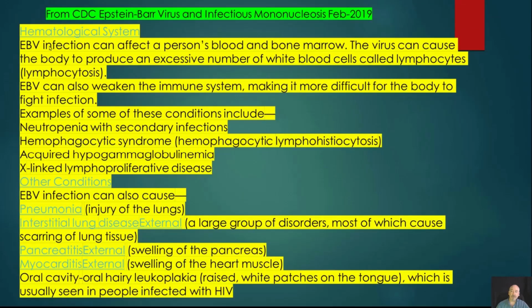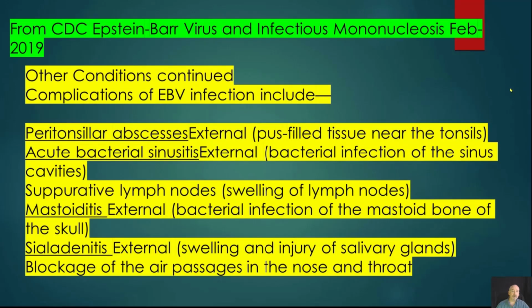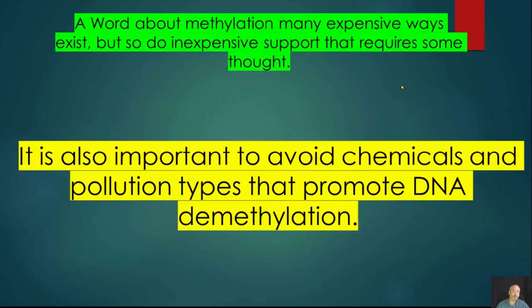So it's important to realize that all of these different types of processes we now know can be at the beck and call and behest of a low-level Epstein-Barr virus, because this virus never goes away. It's just either activated in a low immune state where you're not doing a good job defending it. And it's quite remarkable when you realize that this information has only recently been published in the last year.